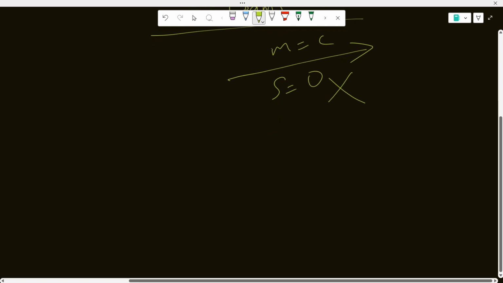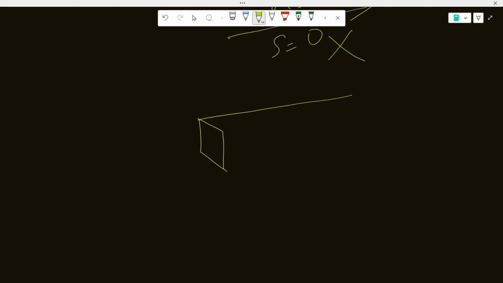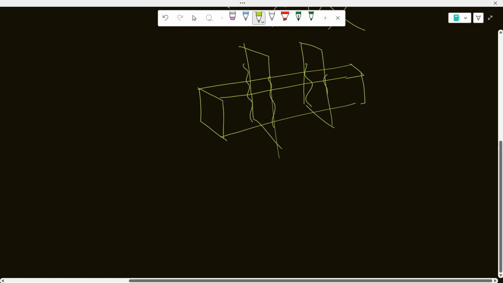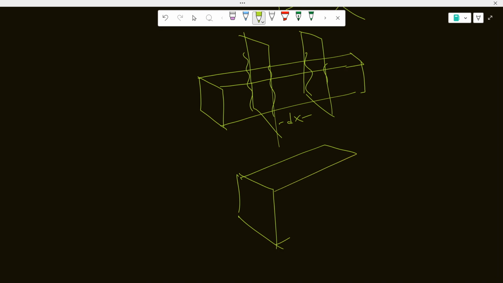So what we're saying is that, if this is a prismatic rectangular section of a beam, and we cut our beam here, and we do the same thing, we cut it here. So we're having these two sections. Let's zoom in on it, separated by distance dx.